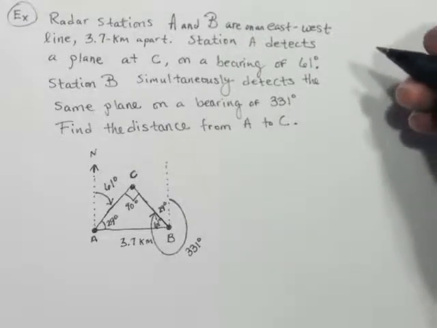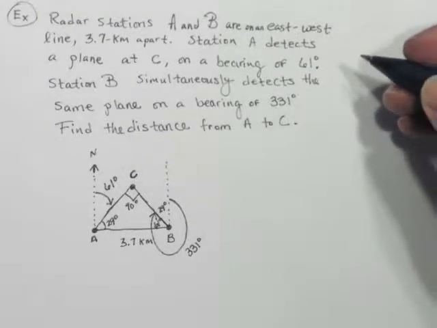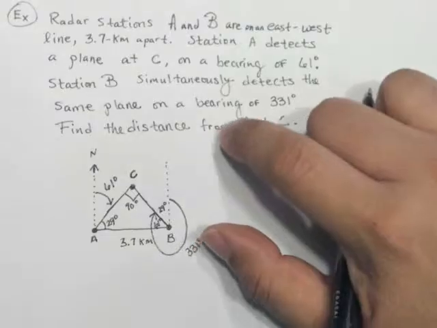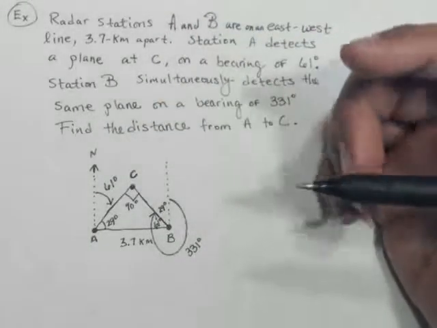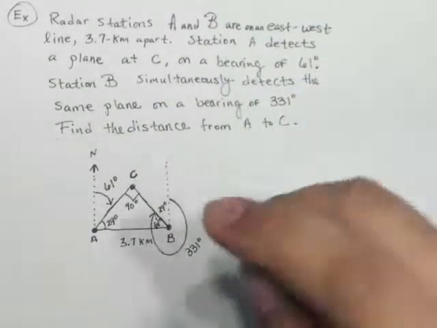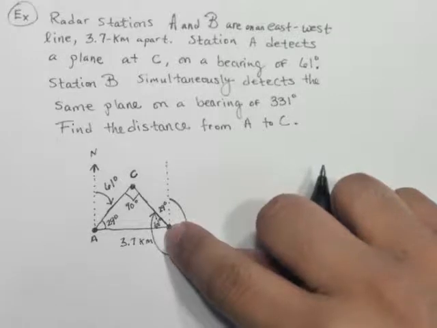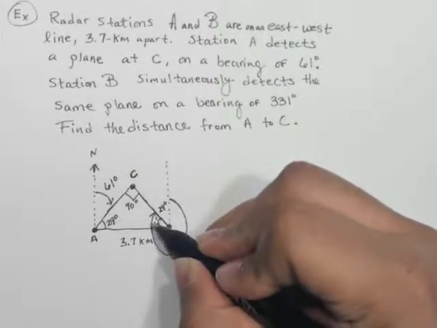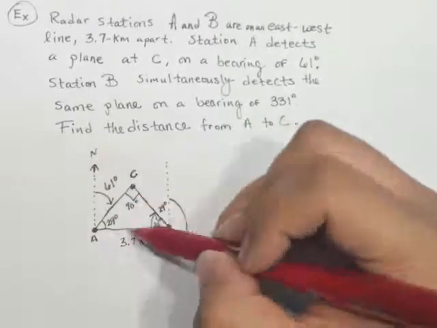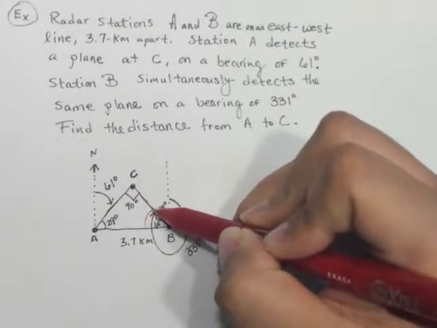Cool. What we have to do is pick one of these angles for reference. I would say let's go with angle B. If this is the angle B right here, let me color it for you in a different pen.